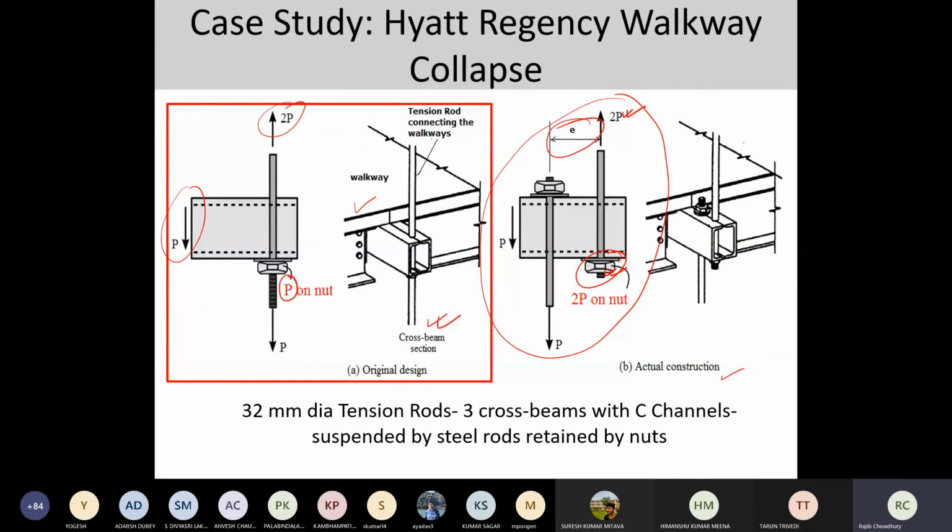So there is a significant difference between the original design and the actual construction. The site engineers should play a significant role while making the actual construction. And it happens in most of our civil engineering construction. The designer sends something and the construction is made with something else.